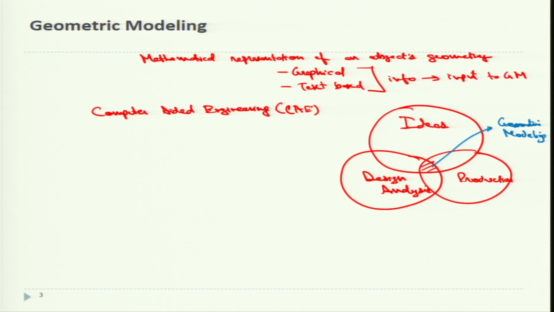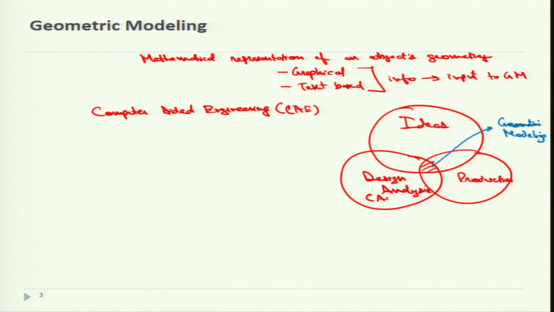If I have designed anything, I have only come up with a shape that I think could be manufactured. But computer-aided engineering, which we put in the design analysis, helps us analyze the model we have developed to see whether it would be manufactured rightly or not, or if it is manufactured, what the strength would be at various points.